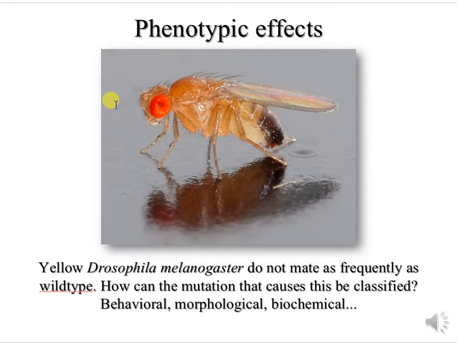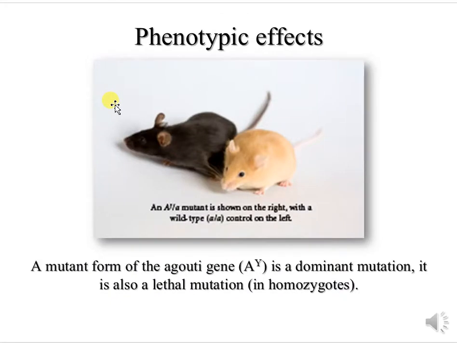So for example, the Agouti gene in mice. When you have the mutant form of the gene, it's a dominant mutation, and it causes yellow fur. Now, these little guys with the yellow fur and the mutant form are predisposed to adverse health conditions.